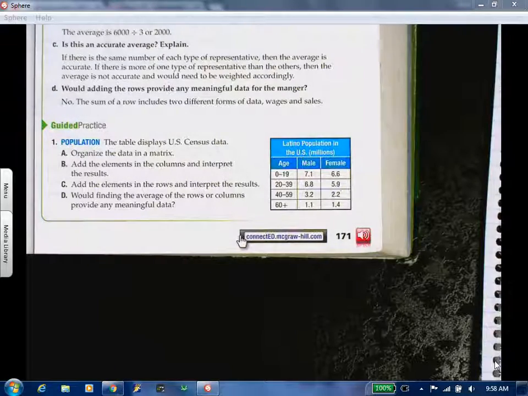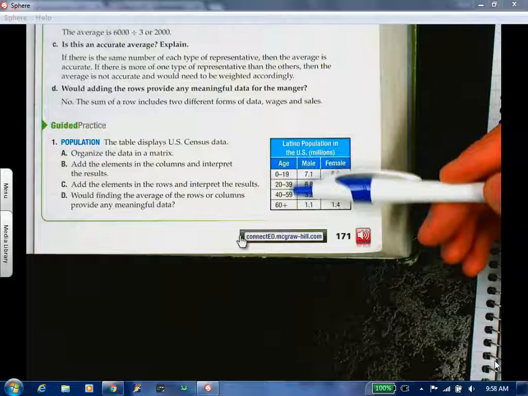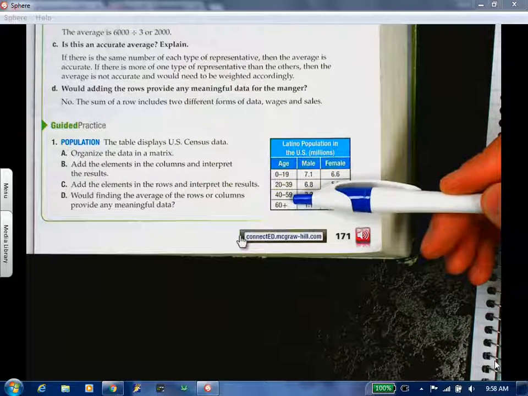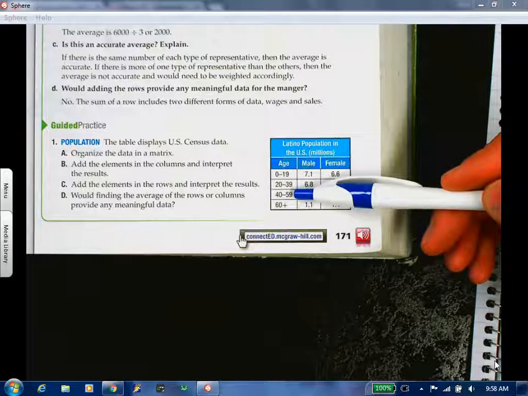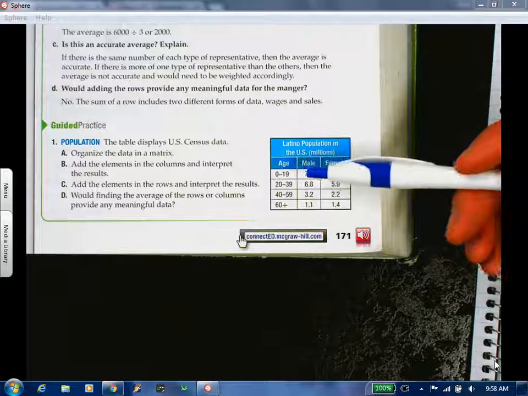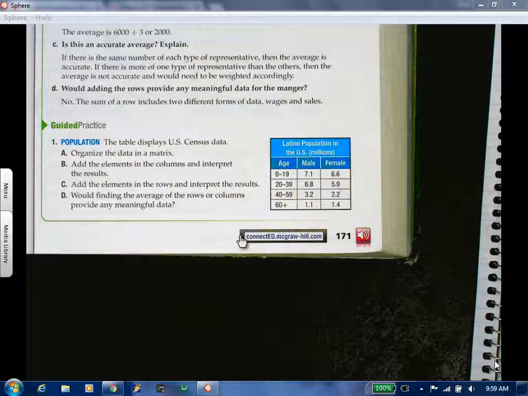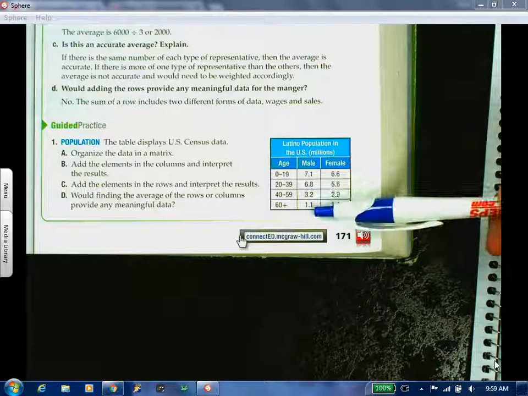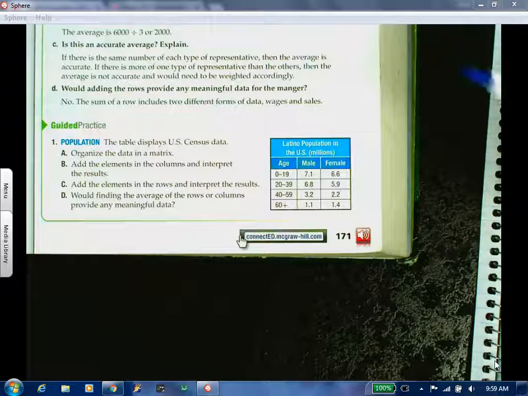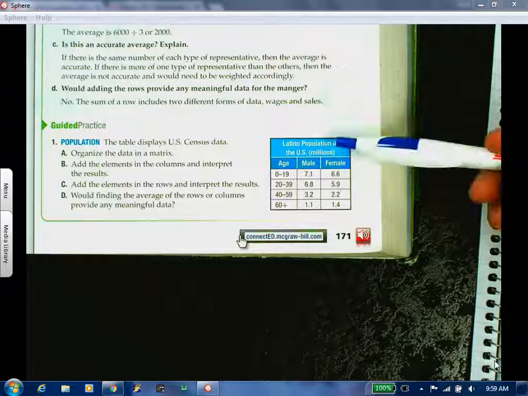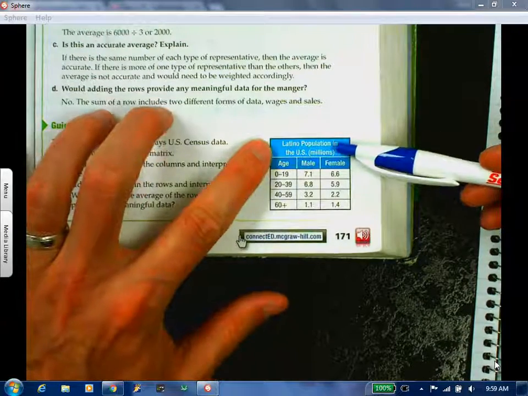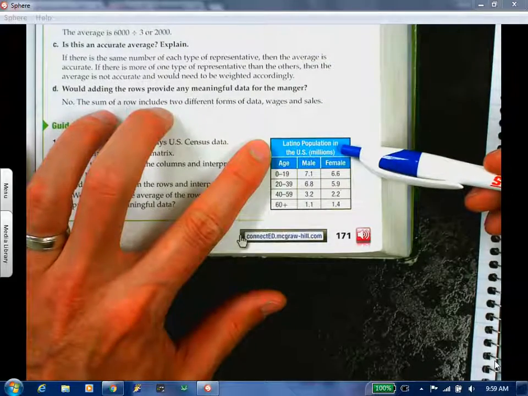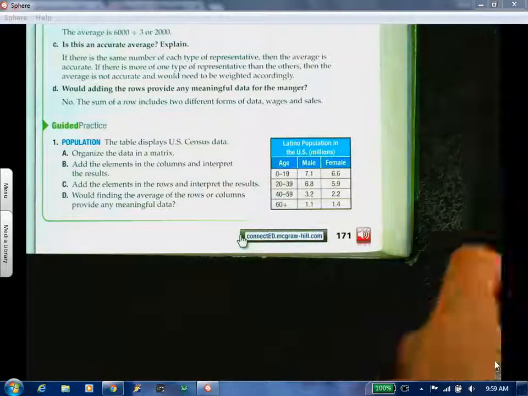If we're adding the columns, what do we do with these outside labels over here? This will help us interpret the results. So, all ages, and this is the interpretation: if you add the columns, the number you get represents the total. Now we look at the label. We're dealing with the Latino population in the U.S. in millions. So you get 18.2 and 16.1.